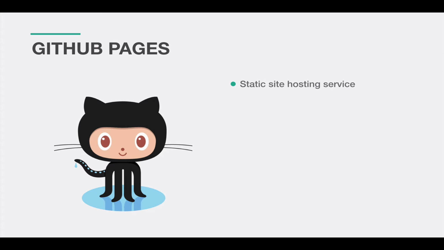So if you wanted to create, for example, a web portfolio to show what you can do and to show the work you've done, you can do that on GitHub Pages. We're going to be setting that up today. So it's great for hosting personal websites, and it's free.